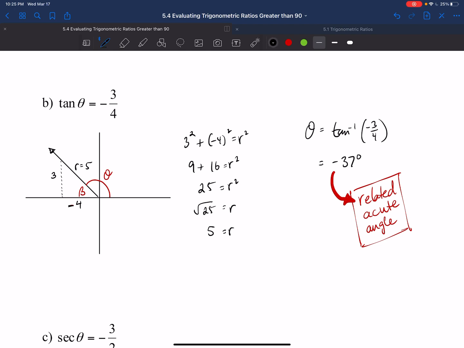So beta is 37. So that means theta would be 180 minus 37, or 143.